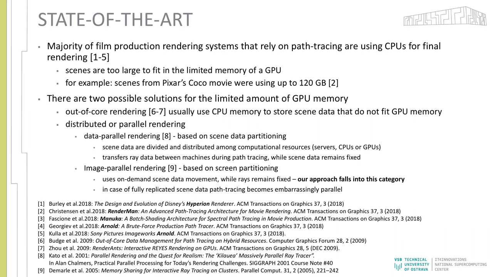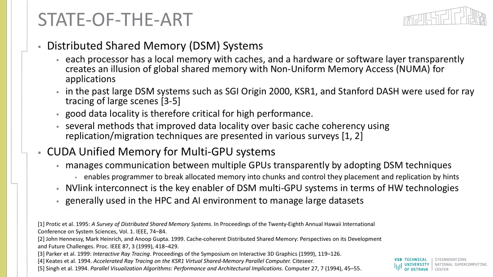Our approach falls into the second category, as initially distributed scene data are moved between GPUs on demand, while ray data remains fixed. Our contribution lies in the method that minimizes these on-demand data transfers between GPUs during the path tracing process. Our implementation relies on CUDA Unified Memory technology and its implementation for multi-GPU systems.